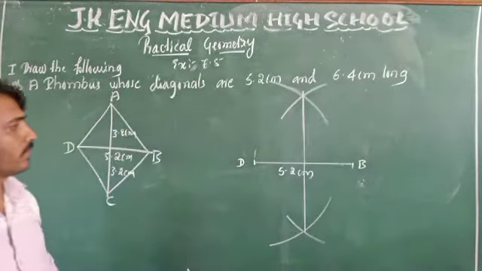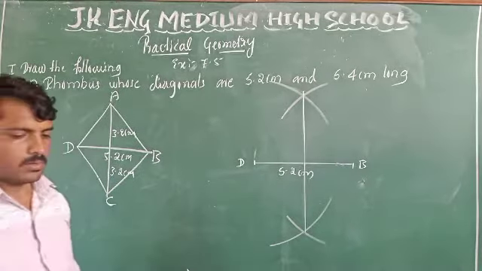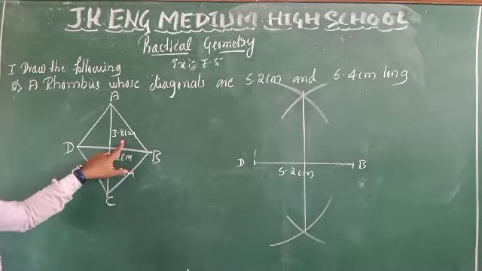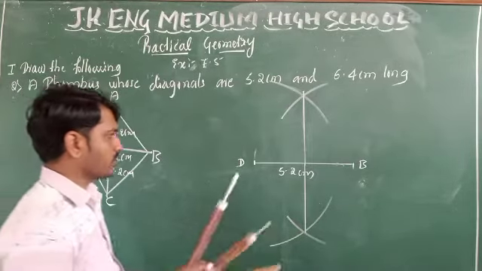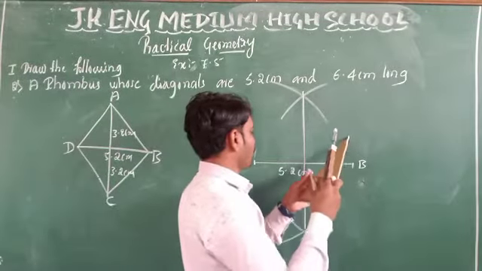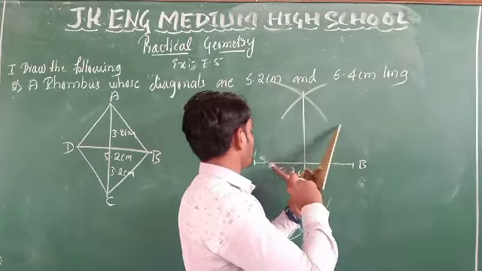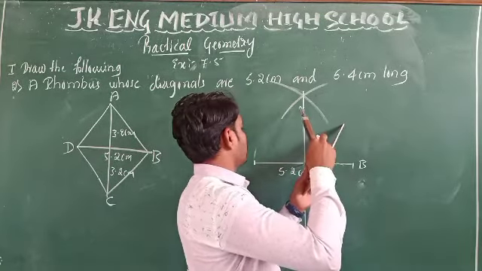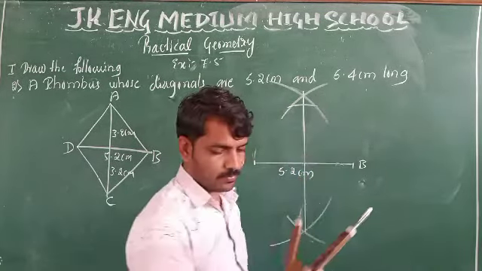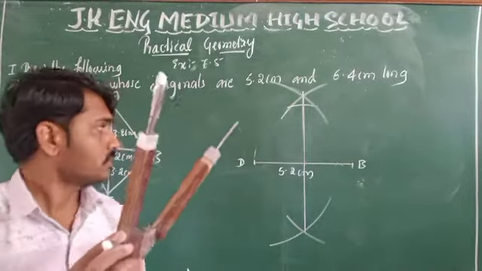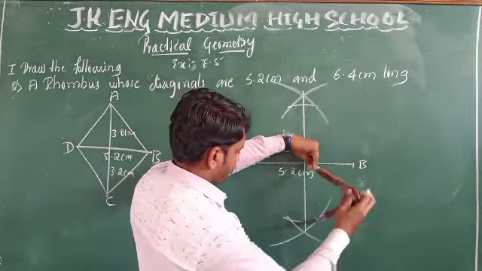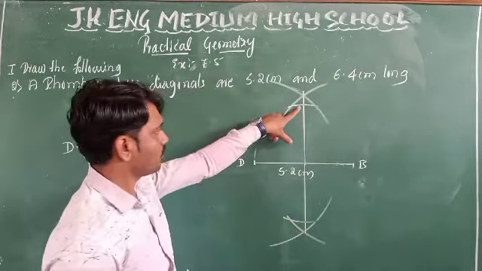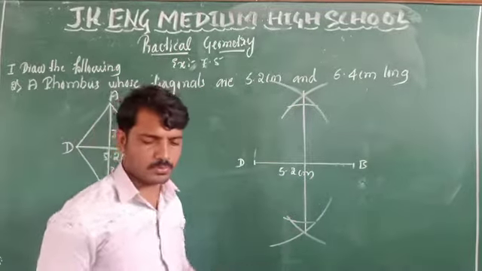Clear children? Next, what is the length of this one? 3.2 is there. So take a compass, take the length of 3.2. First, cut above. The length is 3.2. So put on this point, cut this down. This is 3.2 and this is also 3.2.